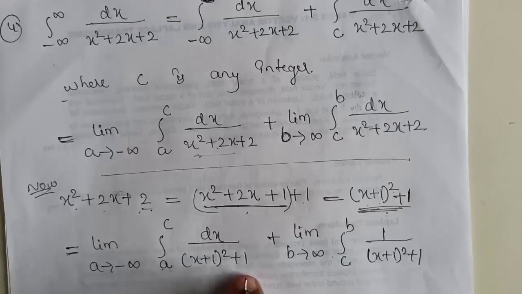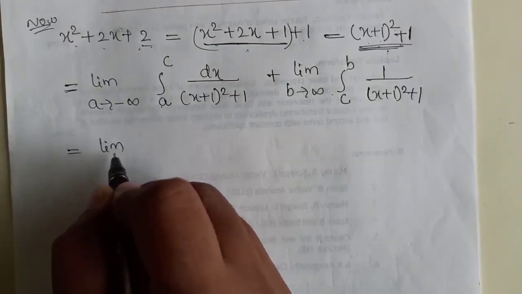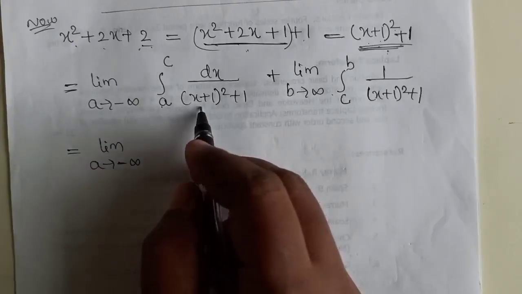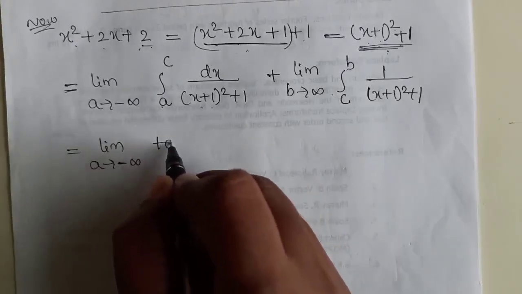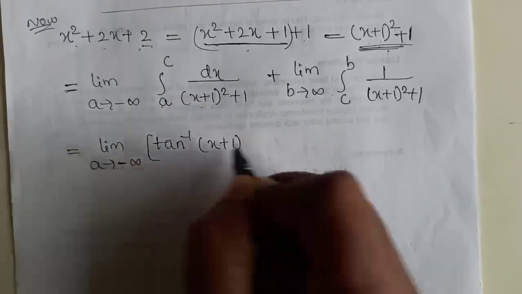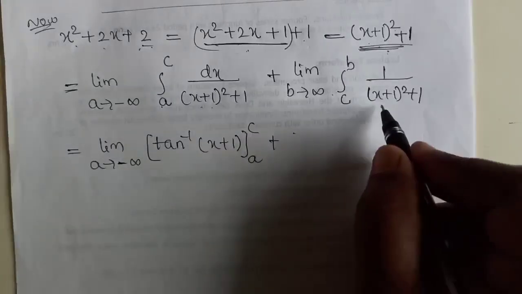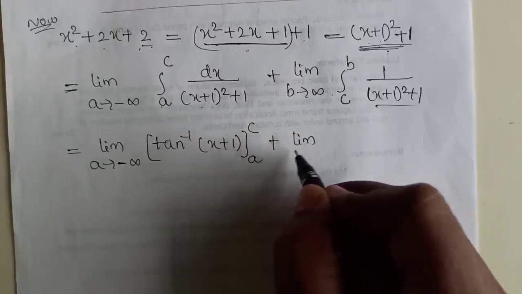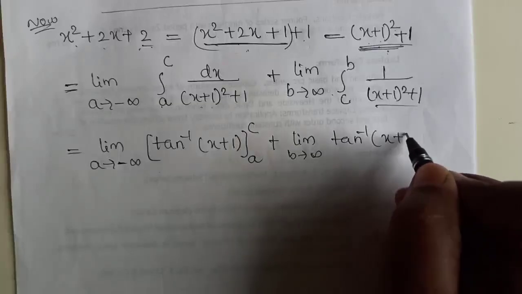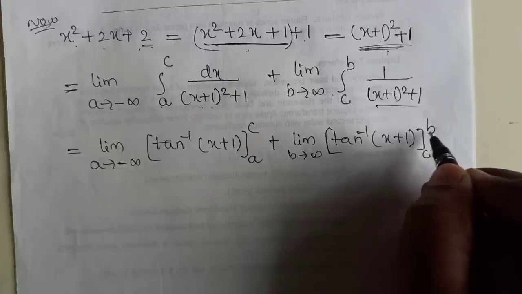So we use that formula. In the place of x we have x plus 1, therefore its integration is tan inverse of x plus 1, with limits a to c, plus again tan inverse of x plus 1 with limits c to b.